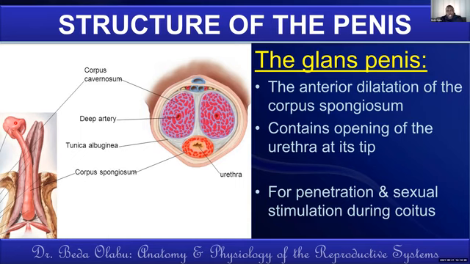The glans penis is highly innervated and also sensitive, especially during coitus, and so it is largely for sexual stimulation during intercourse or even before intercourse, and also for penetration during intercourse.